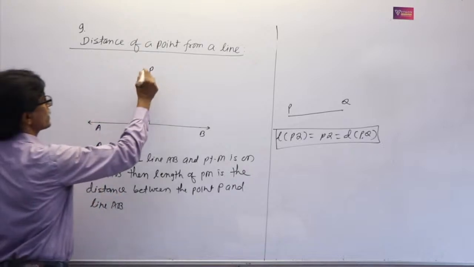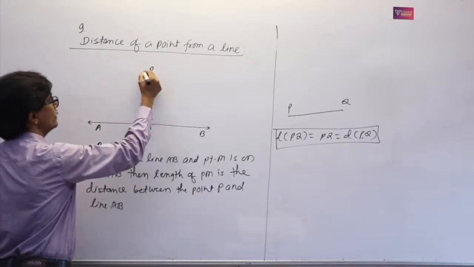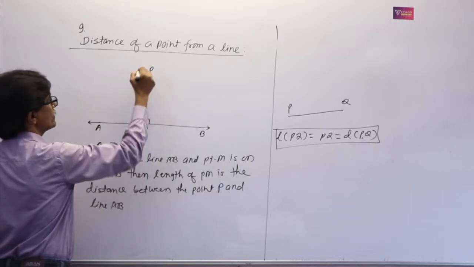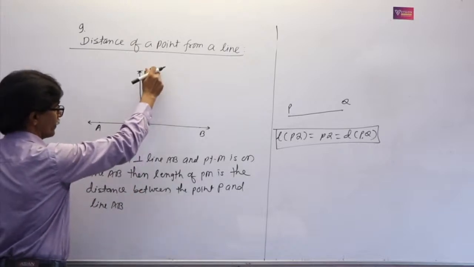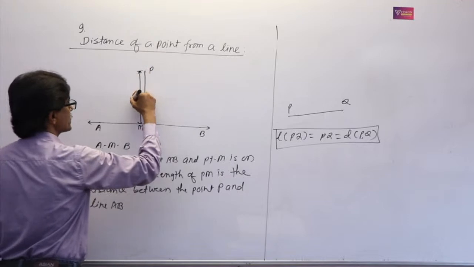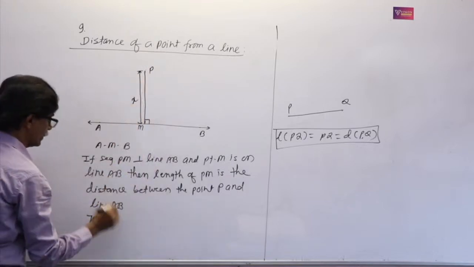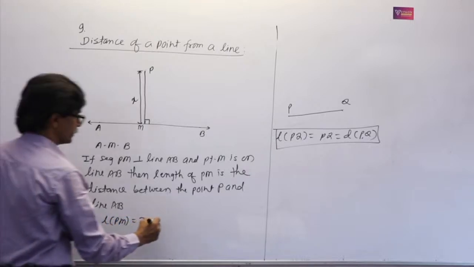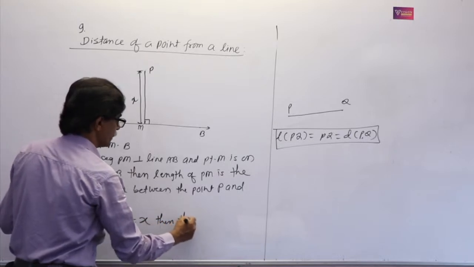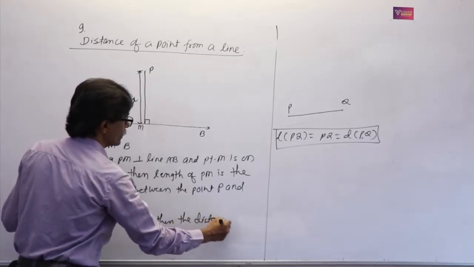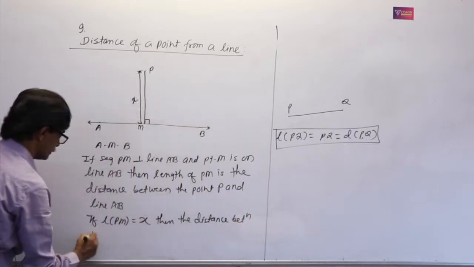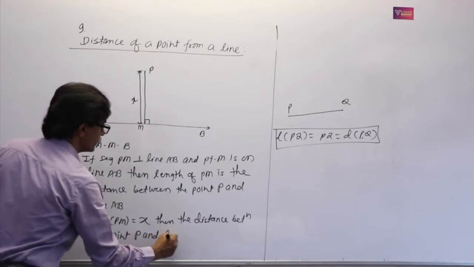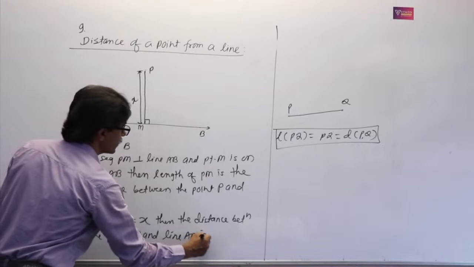If the length of PM is equal to x, then we can say that the distance between the point P and line AB is x units.